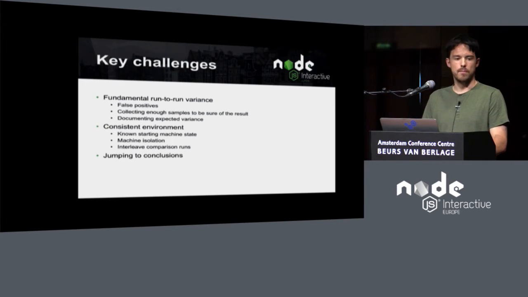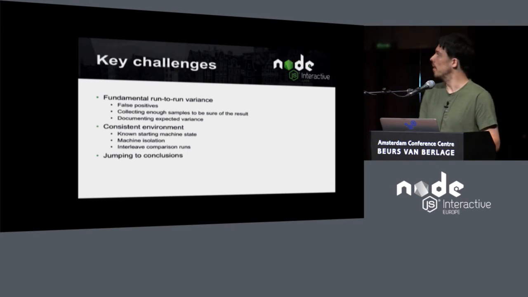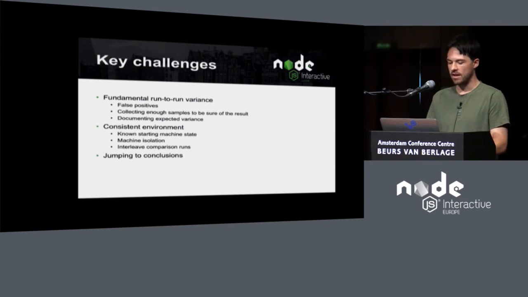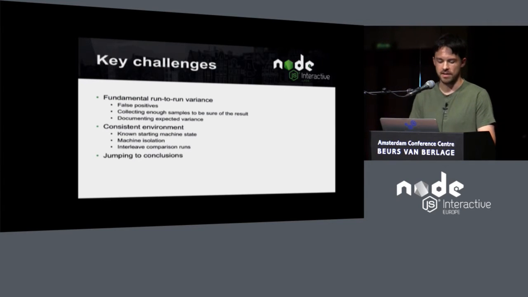However, it's very important to make sure you collect a large number of results, so making sure that you collect enough results so you're able to be sure about the range of scores that your test or your product may be able to give you. And you're going to then need to document this expected variance so that you can make sure you run the correct number of tests when you actually go through and complete your performance testing.